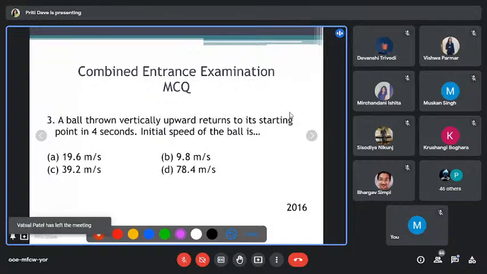Chalo, now you do this and tell me what's the answer. A ball thrown vertically upward. This is from 2016. As you can see, every year one question. A ball thrown vertically upward returns to its starting point in 4 seconds. Initial speed of the ball is.